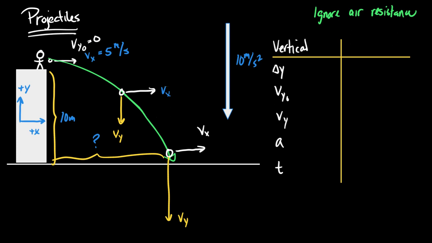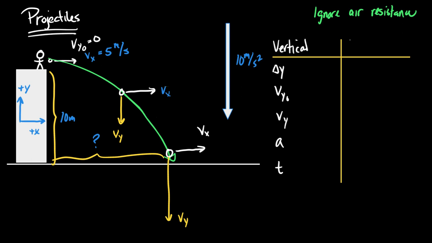The 5 motion variables, but I'm writing them a little bit differently to isolate them, to make us understand that we're dealing with the vertical component. So not delta x, but delta y. Not v naught, but vy naught, the initial velocity in the y dimension. Not just v, but vy to indicate the final velocity in the y dimension. All of these are written so that we have an idea that this is just the vertical part.